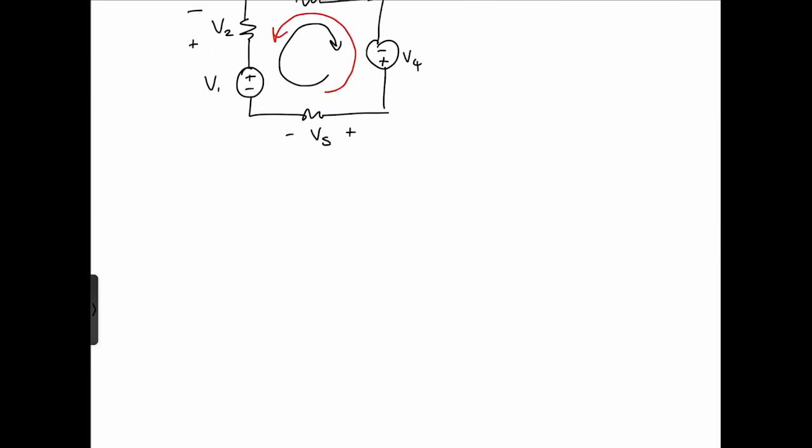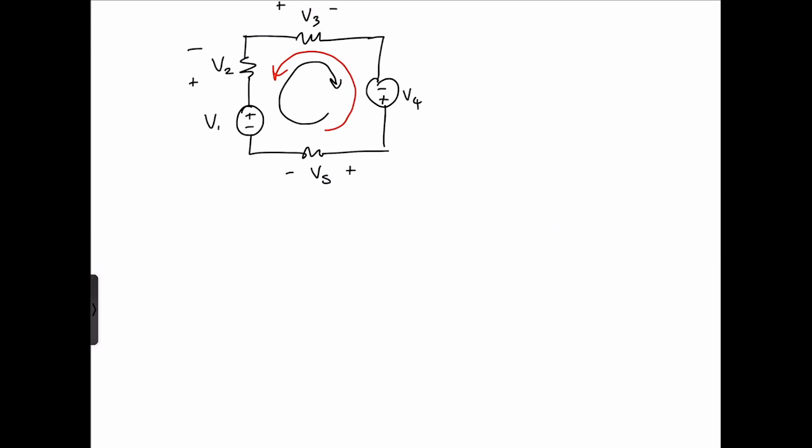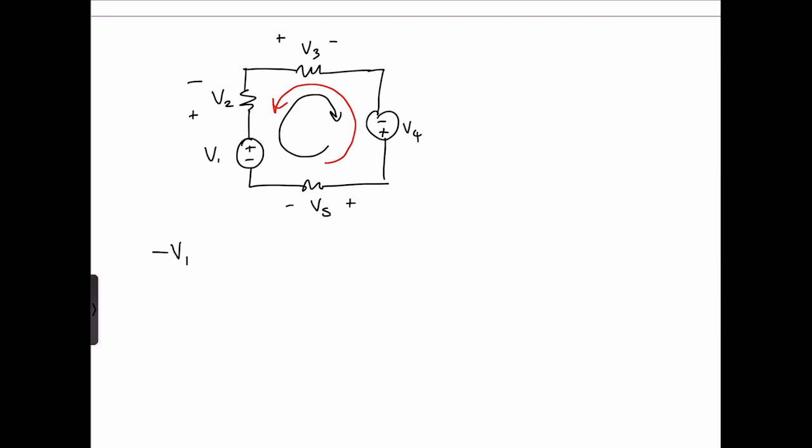So the sum of voltages. So we can start by going around the loop in the clockwise direction. That will be written down in black. So we see a minus V1. So in our case here, we encounter, so we're going this way.